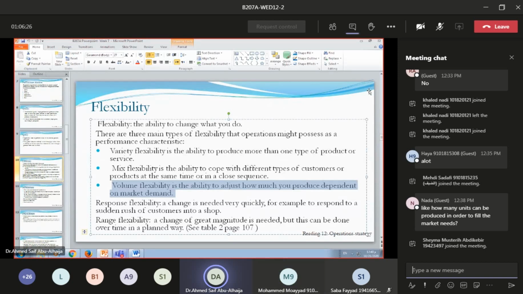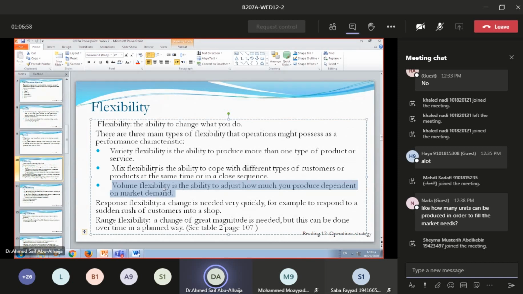If you can, you have good flexibility, because you can exploit the opportunities. But suppose you produce 150, then somebody asks for 200 pieces and you cannot. Why? You don't have the ingredients, you are not ready. You don't have flexibility.